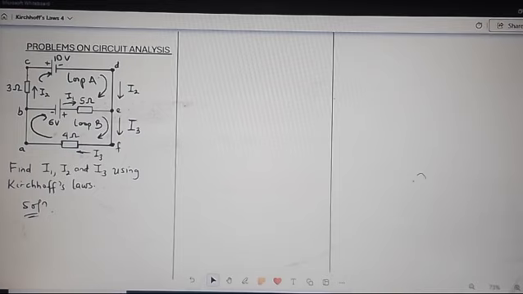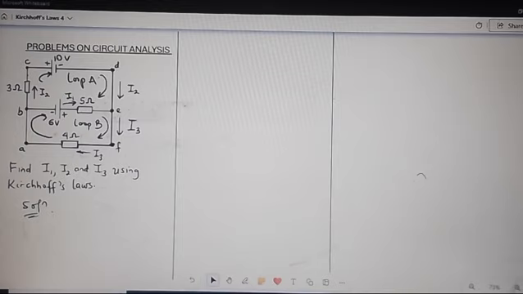The first step is to assign an arbitrary direction of current flow, which I have already done. If you see loop A, I have chosen clockwise direction as the arbitrary direction of current flow. Ignore the directions you are seeing on I1, I2, I3. Choose any direction you want.